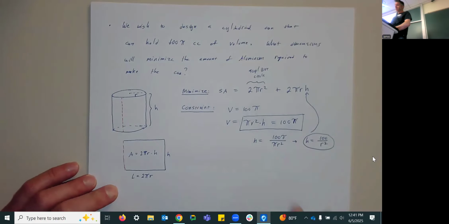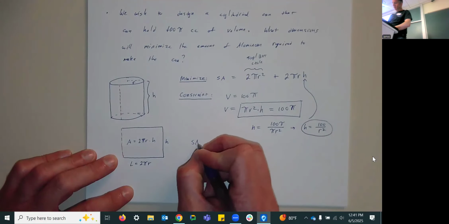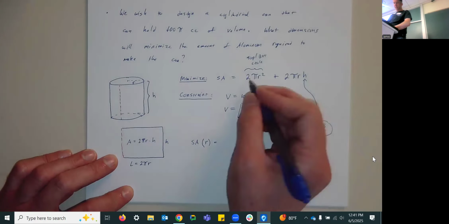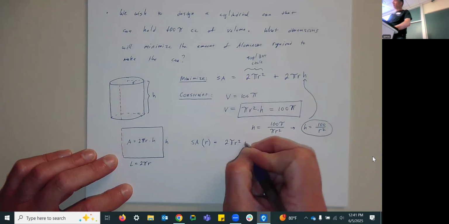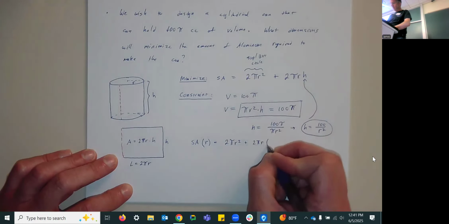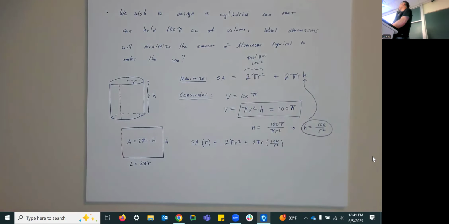So now our new surface area equation as a function of just r is going to be still the 2 pi r squared here, plus 2 times pi times r times 100 over r squared. And it's definitely going to be in our interest to simplify this function of one variable before we try to take the derivative.